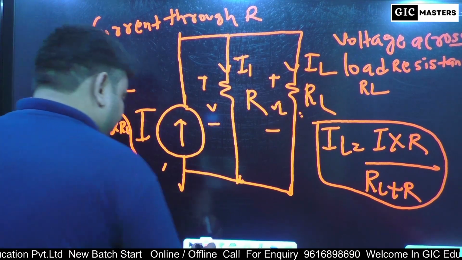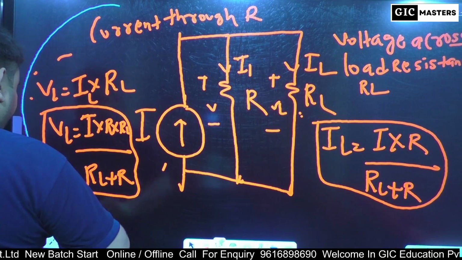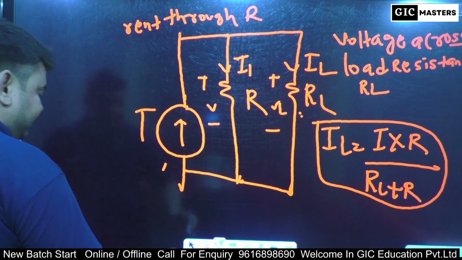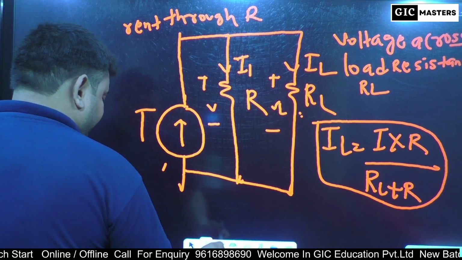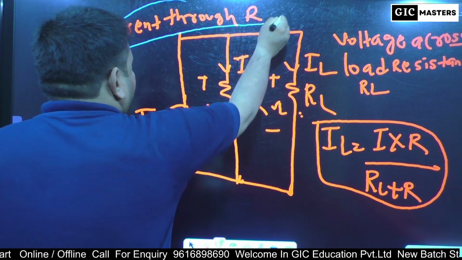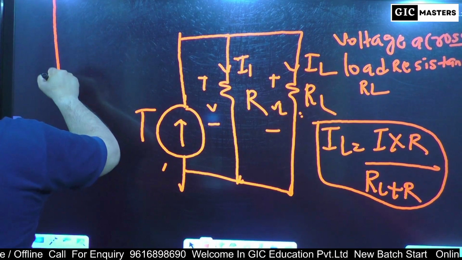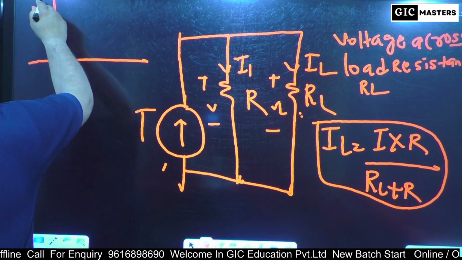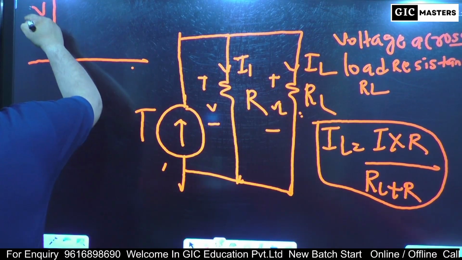When a graph is drawn in case of practical and ideal sources, then the graph looks like this.